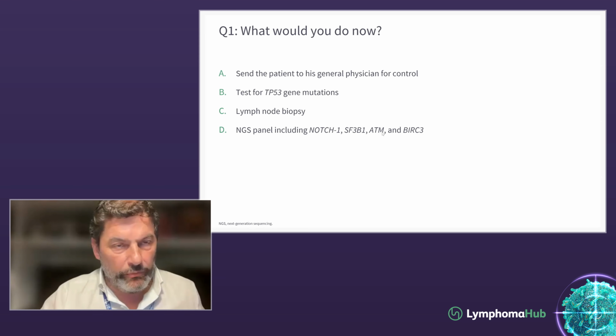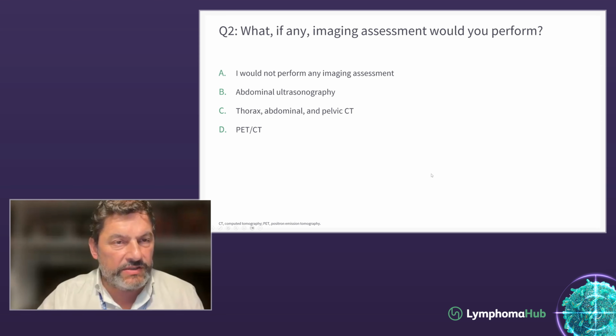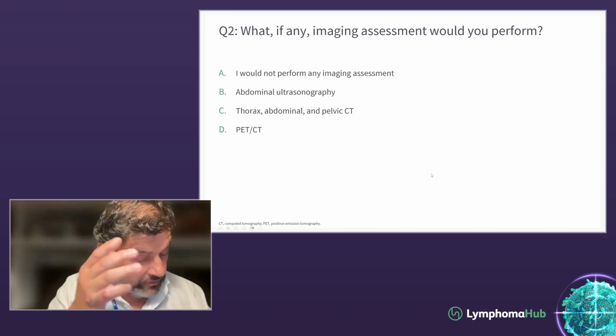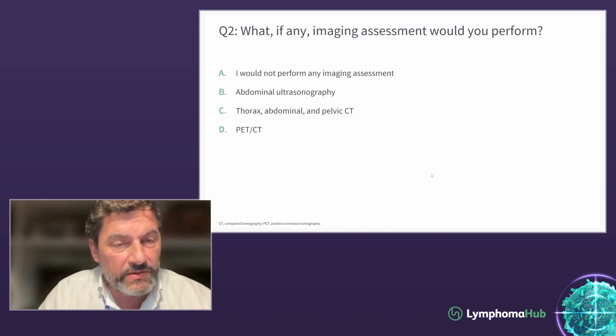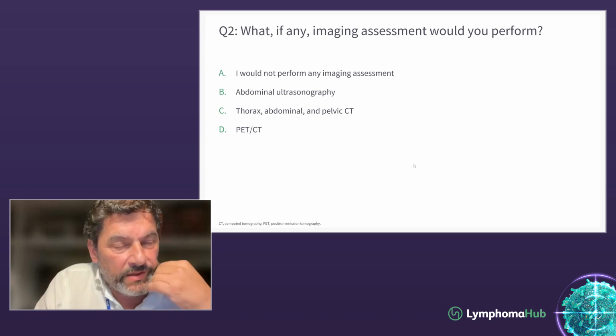So we can move to the next question. Would you do any imaging study? In the guidelines, there is no clear statement about imaging, but nowadays patients are usually managed like low-grade lymphoma.